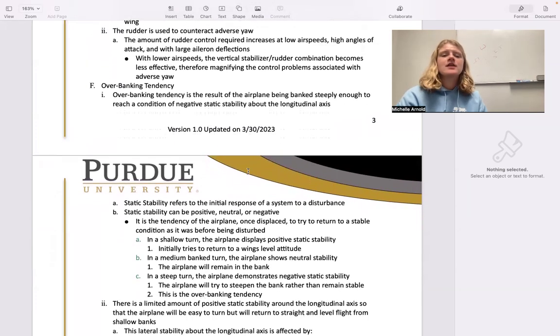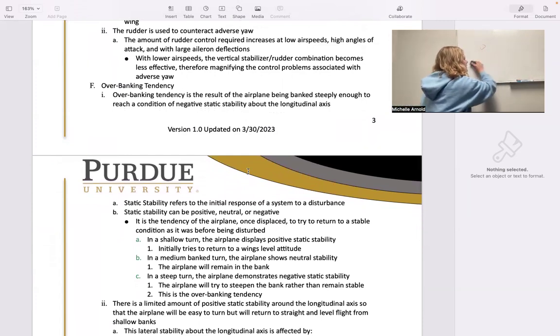All right, so next we're going to talk about some overbanking tendencies. Overbanking is a result of the airplane being banked steeply enough to reach a condition of negative static stability. So now we're going to talk about static stability.